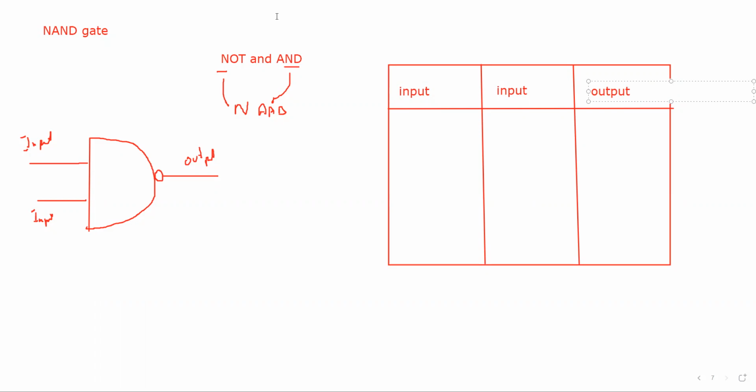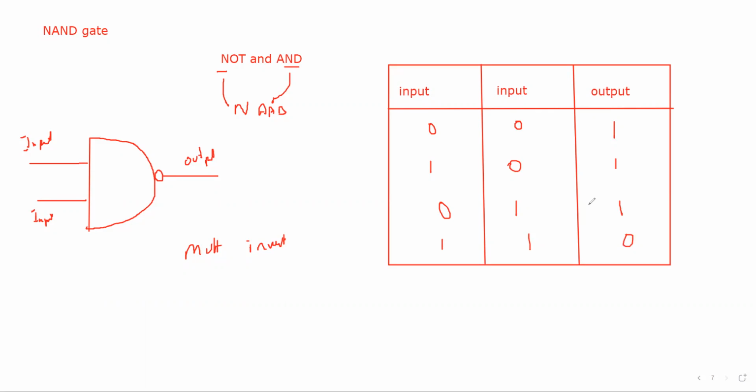So the result, because for the AND gate it is by multiplication, first we will multiply and then we will invert. So 0 multiplied by 0 is 0, but because there is an inverter, it will make it 1. 1 multiplied by 0 is 0, but the inverter will make it 1. 0 multiplied by 1 will be 0, but the inverter will make it 1. 1 multiplied by 1, the inverter will make it 0.